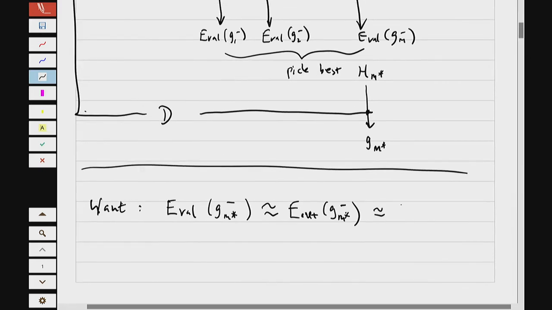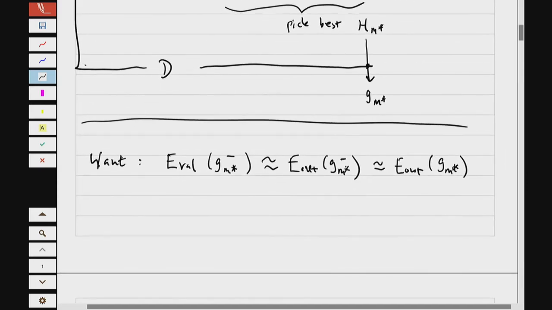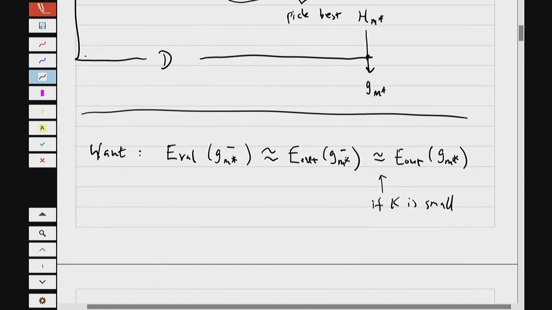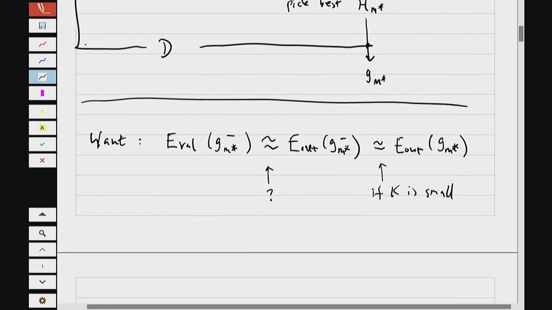But this one should also be approximately equal to the test error for the final g_m star that you get, without using validation data. And we already know that this will be true if k is small. Clearly, if you don't have any validation data, then those two will be the same. The question is, is this always true? This is the best one that you pick.